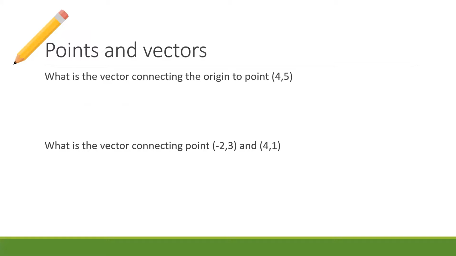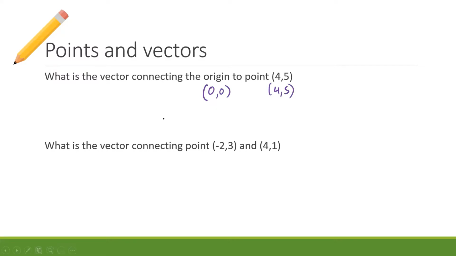Can someone tell me what are the coordinates for the origin? 0, 0. Thank you both, Dylan and Elaine, who sent that through. 0, 0 is the coordinates of the origin. And so we're going from 0, 0 to point 4, 5.